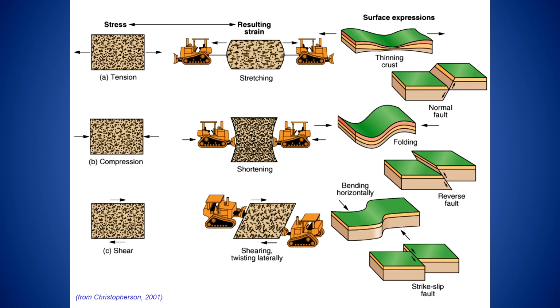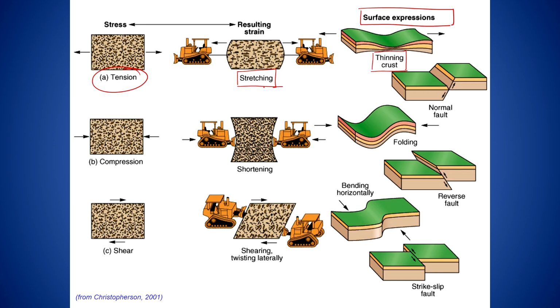Another important part is what the surface expression will be during different faulting environments. In the case of your extensional tectonic environment, what we call tension, you will see a sort of thinning of the crust, and that will be because of the stretching effect.